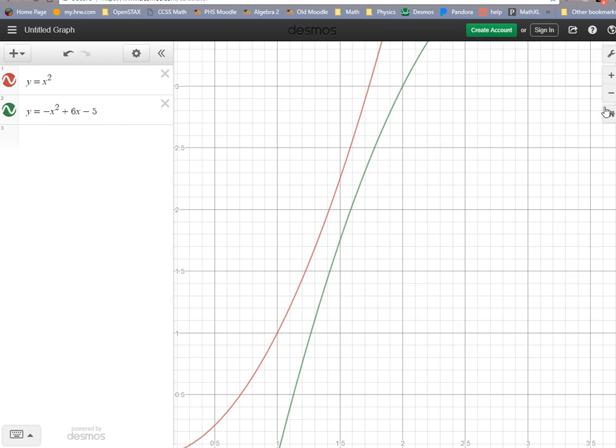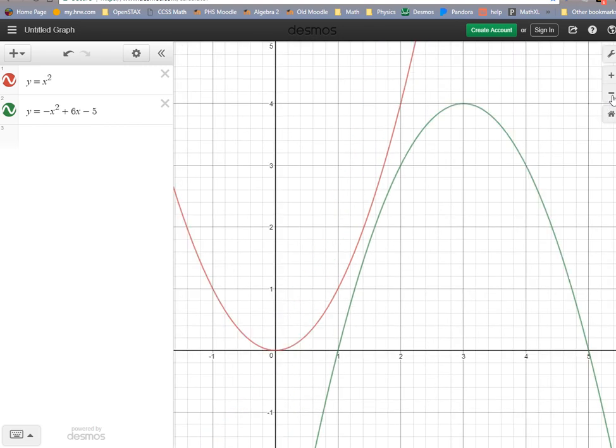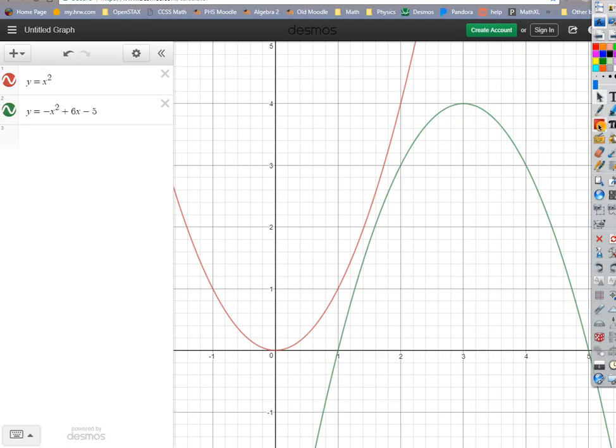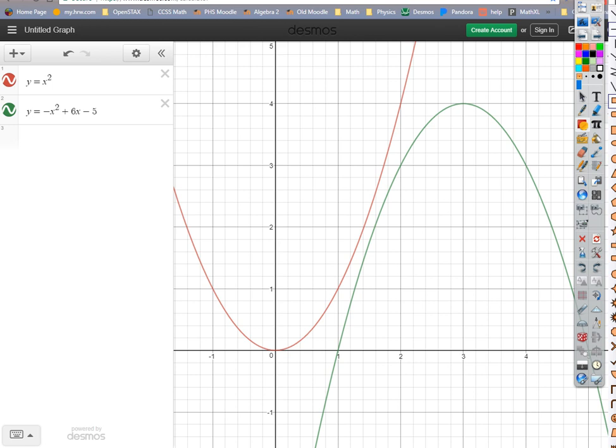Right, it looks like maybe we're going to get one, kind of like right there if I extend that line.